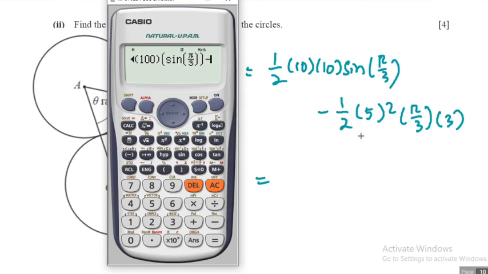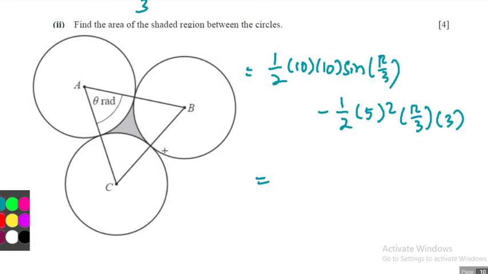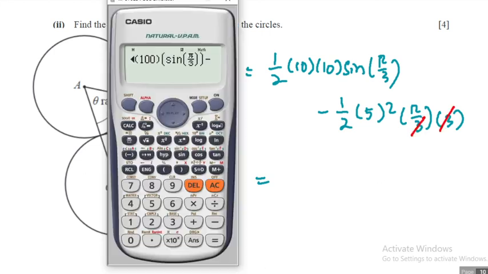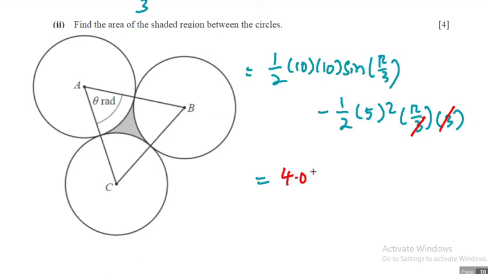Half, I think these 3 and 3 I cancel, so no need to press that part. Minus 0.5 is my half there. 5 square is 25, I just write 25, and then times pi. I hope this will give us the answer. 4.03. Nice. Good job. Centimeter squared. That's it.